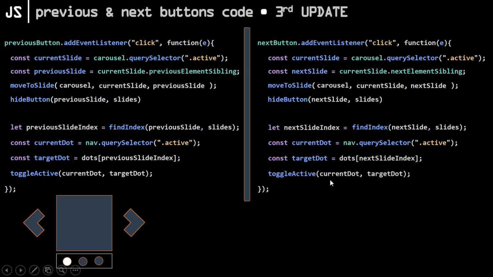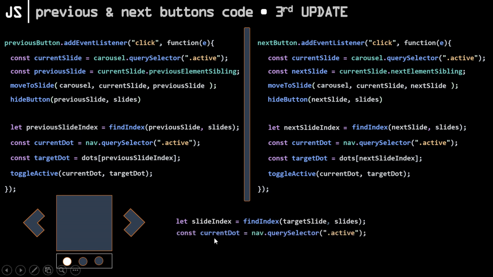Now these four lines here are the same as these ones, which means it's better to use a function here. So I'm going to say slide index. The slide index might be the next or the previous slide. Then select the current dot, then the target dot, and then toggle the active class name.